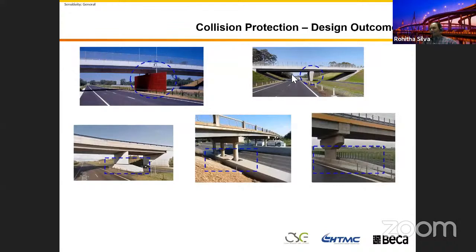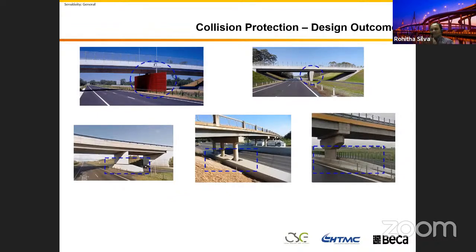It's the same for the one on the top right-hand corner as well. You can see one on the bottom. You have barriers, you have concrete structures to deflect the truck. You protect your pier from direct impact from the truck. You have barriers or concrete structures, rigid elements built around it to deflect the truck.